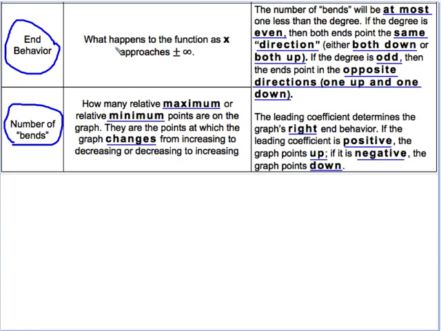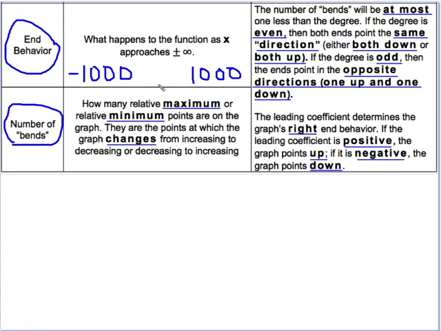The first thing, the end behavior, is what happens to the function as x approaches your extreme end. So as x gets really small, like negative 1 million, or positive 1 million. So the very end behavior of the graph. That's what we're looking at here.